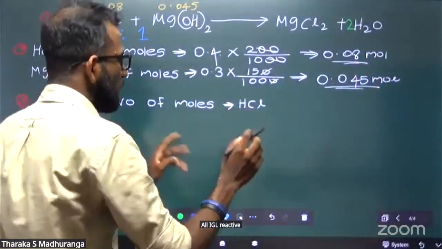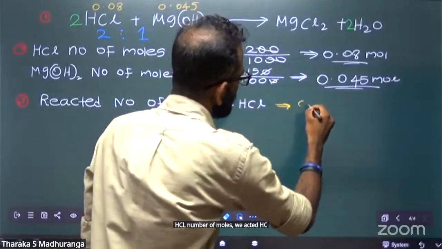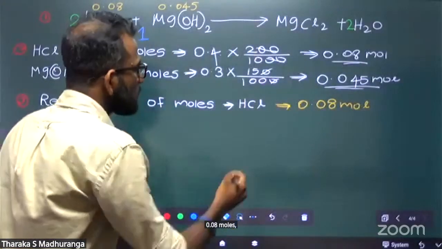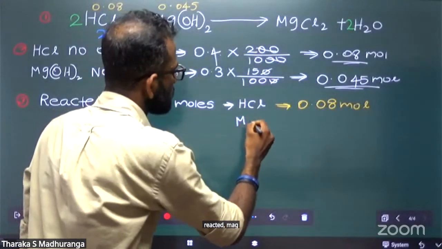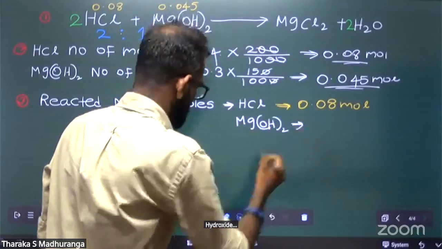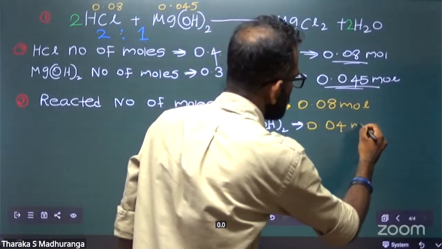Then understand the HCl number of moles. Reacted HCl number of moles is 0.08 moles. Reacted magnesium hydroxide moles is 0.04 moles.